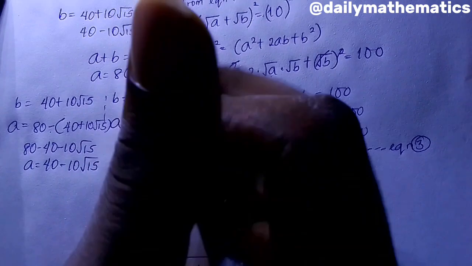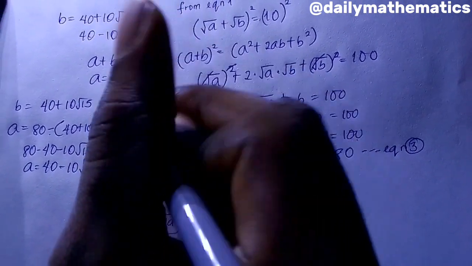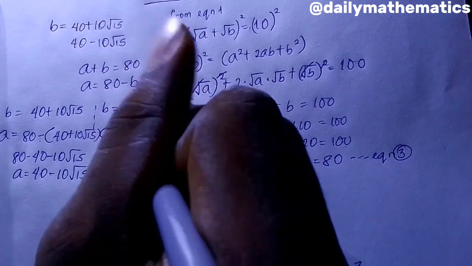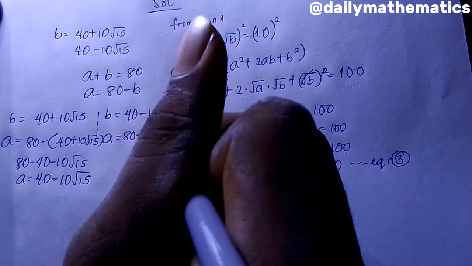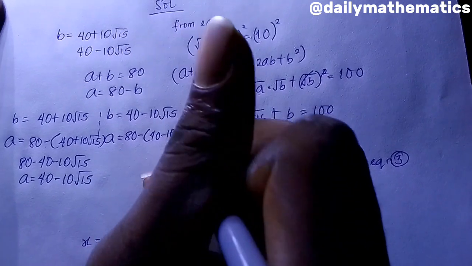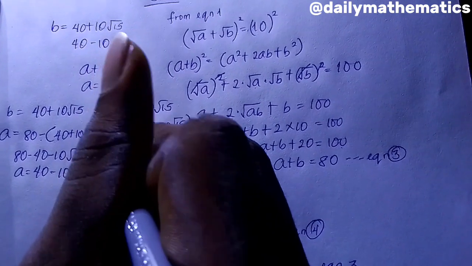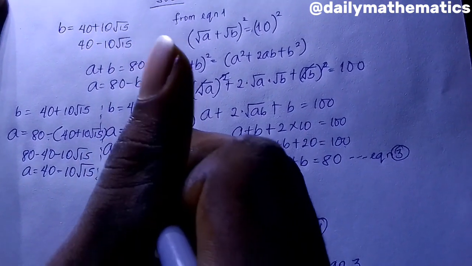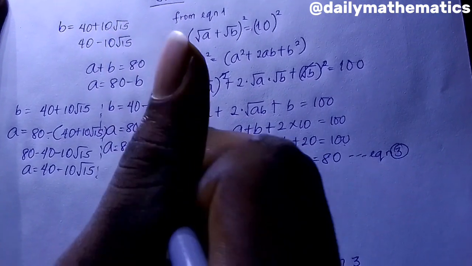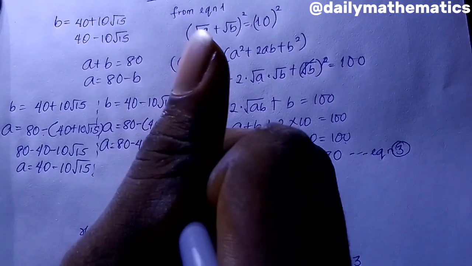And for the other case, we have a is 80 minus b, so 80 minus 40 minus 10 root 15. So a equals 80 minus 40 plus 10 root 15.